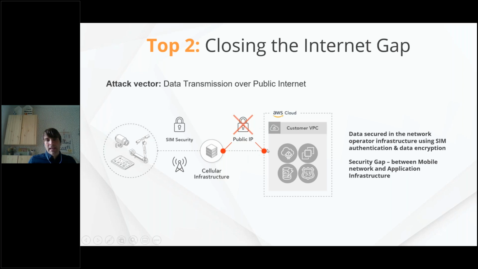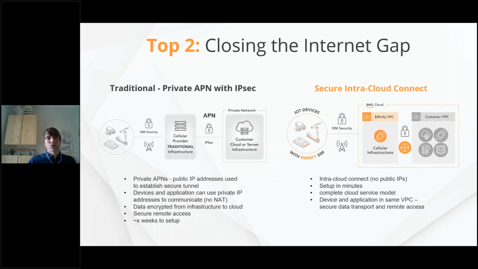There are ways to close this security gap, which is what I'm showing now. Traditionally, cellular connectivity providers use private APNs with IPsec to close this gap. It's a very common approach. These private APNs use a public IP address on the cellular connectivity provider side and on your customer infrastructure side, creating a secure tunnel.